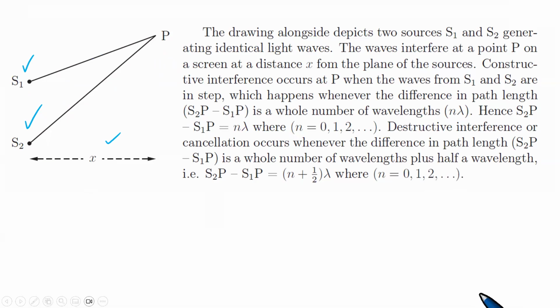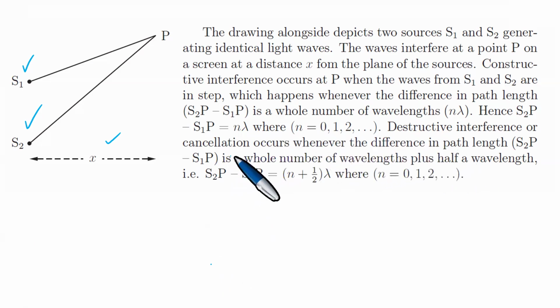So S2P minus S1P is n lambda, where n is 0, 1, 2.